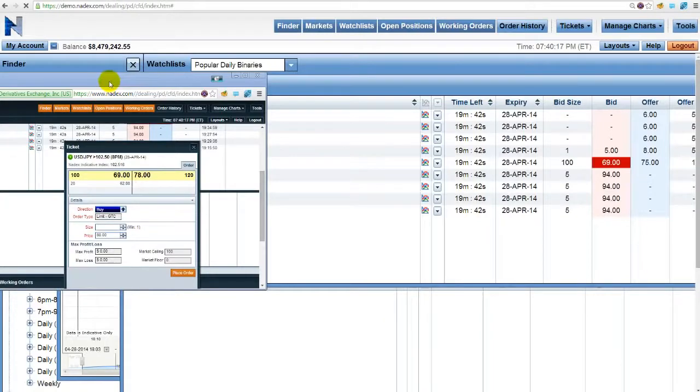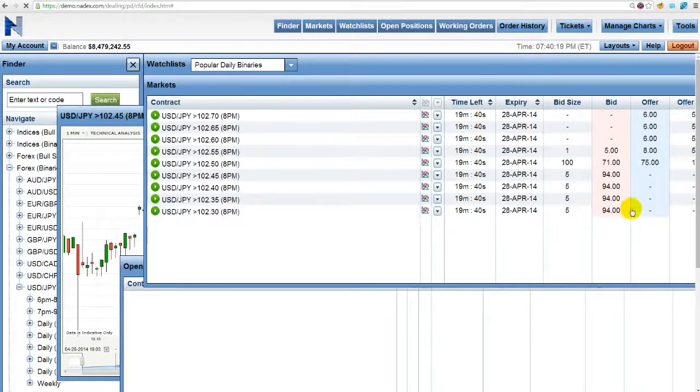Now let's flip it over. Let's look at the sell side. If I go over here to the sell side and I sell a contract, I'm saying this statement is false. Really simple. Statement is false.